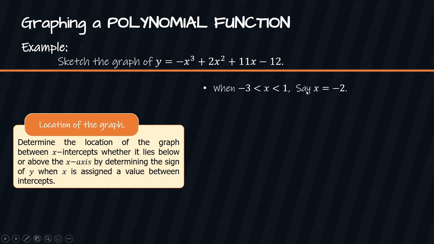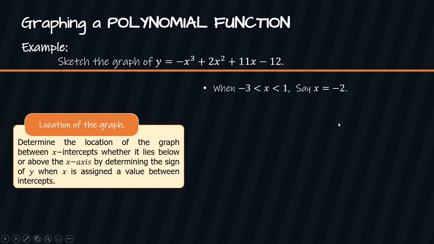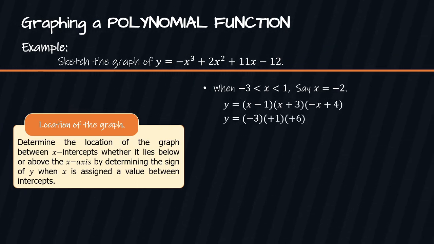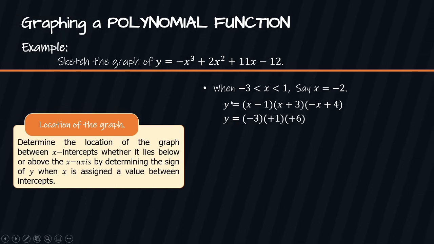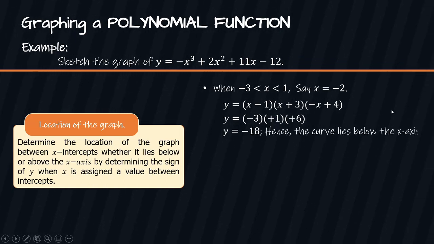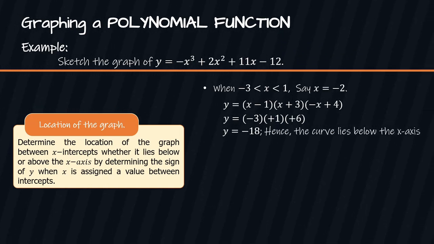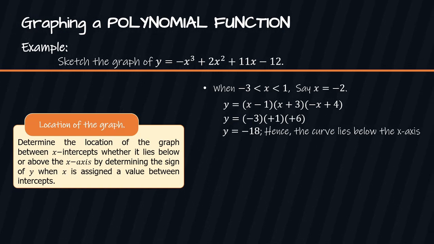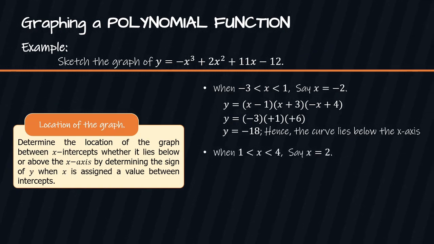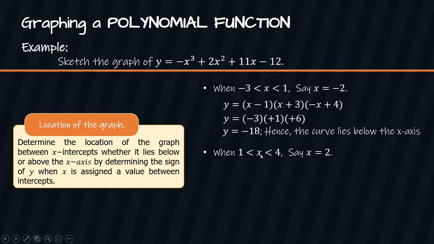So let's say x equals -2. By substitution, we get, note that we use the factored form. Then y is equal to a negative value, hence the curve lies below the x-axis. Then we proceed to the next limits.